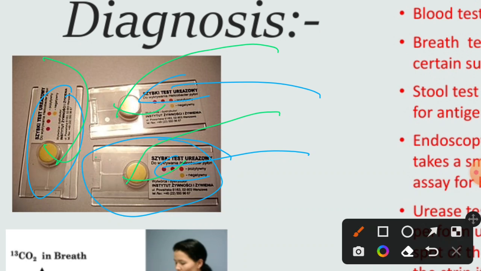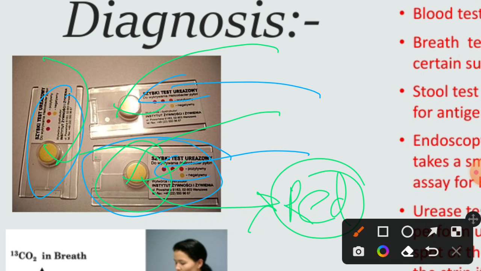Okay, now if the color of the spots changes from yellow to red, then make sure that your patient sample contains Helicobacter pylori. How? Because remember, if Helicobacter pylori is present, then urease enzyme will also be present, because we have talked about that Helicobacter pylori has the ability to produce urease.